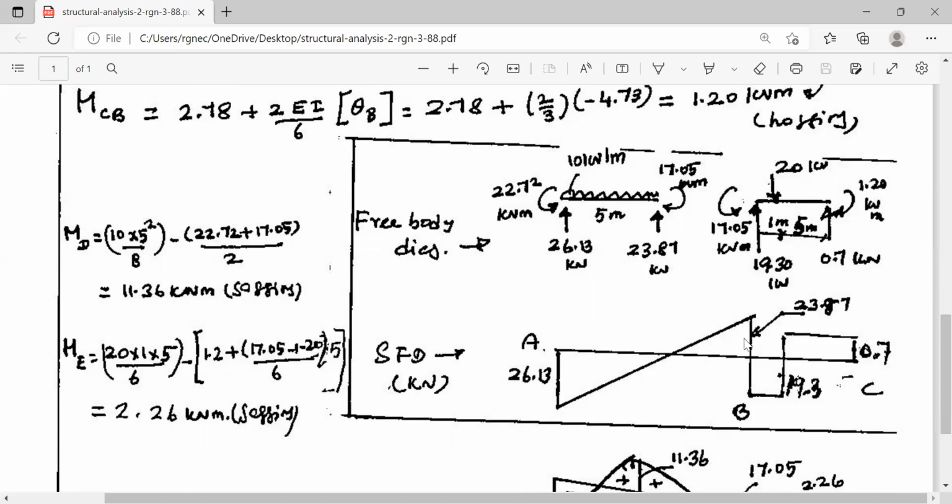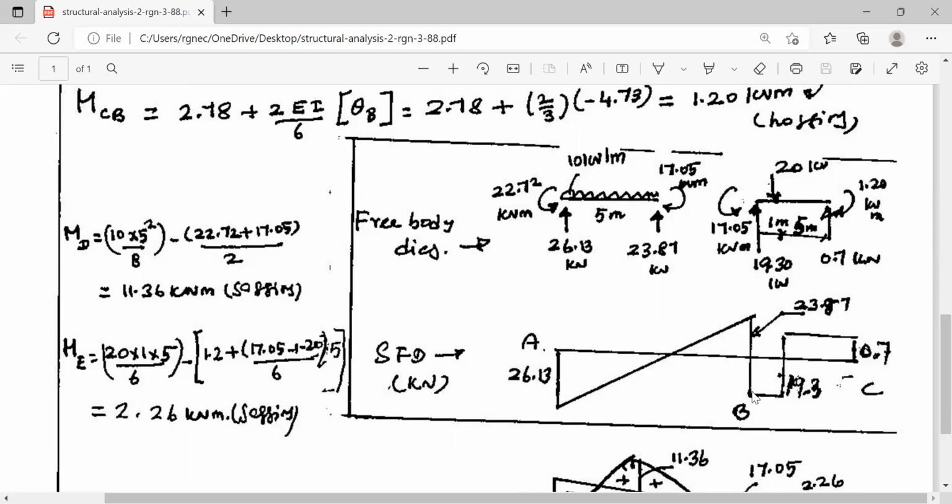There is one uniformly distributed load, so draw a straight line. And then here, there is a sudden drop of 23.87 and then you are getting 19.3 as the total value. This total load minus 26.13 will be equal to 23.87, and then this total load minus this will be 19.3.